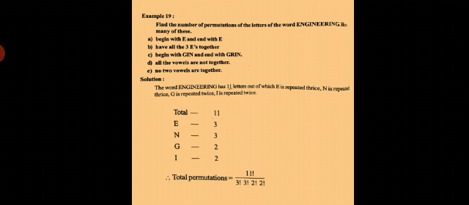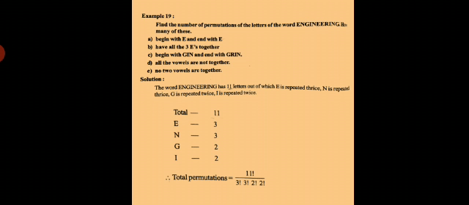Before that, find the number of letters in the word engineering. The word engineering has 11 letters, out of which E is repeated 3 times. Count it, students.